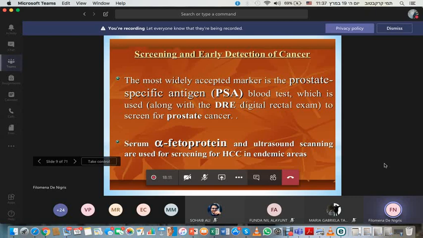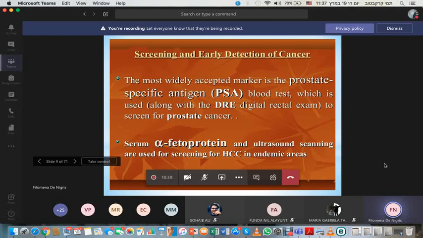About the PSA. PSA is the only marker that we have, very sensitive, and that we can use also for screening patients, together with other kinds of markers associated with hereditary tumors, such as BRCA1 and BRCA2.